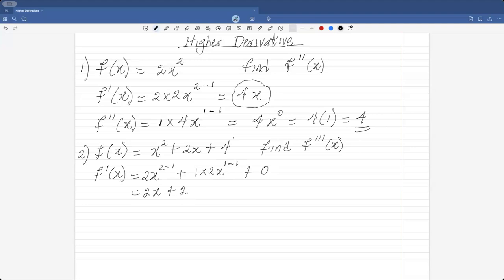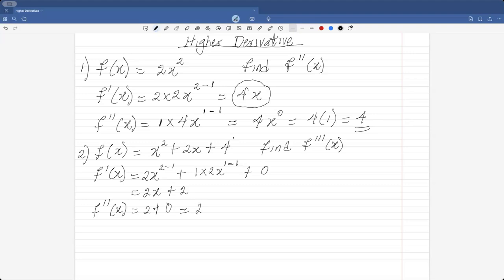That is our first derivative. Our second derivative, which is f prime prime x, is nothing but 2 plus 0, which will give us nothing but 2.